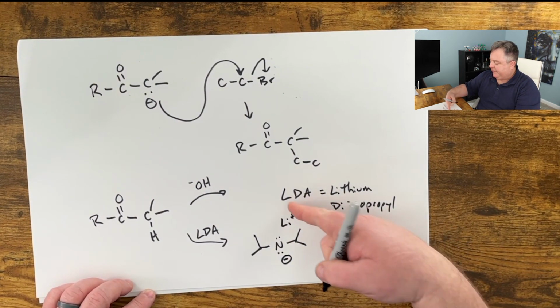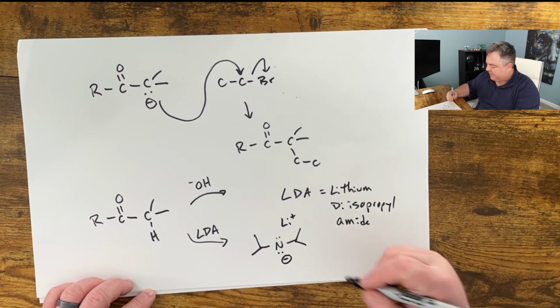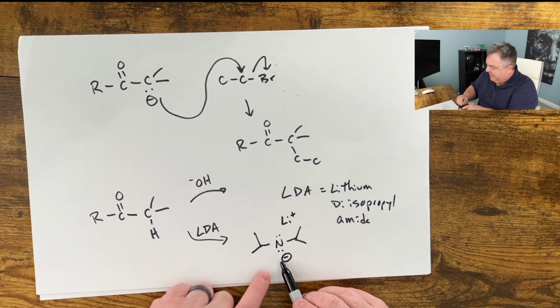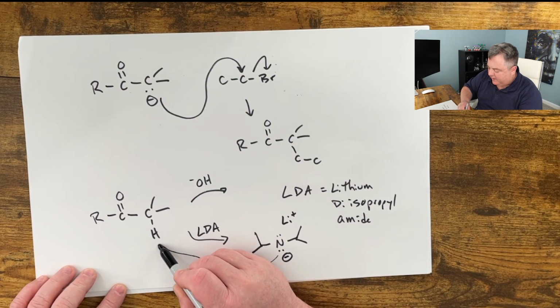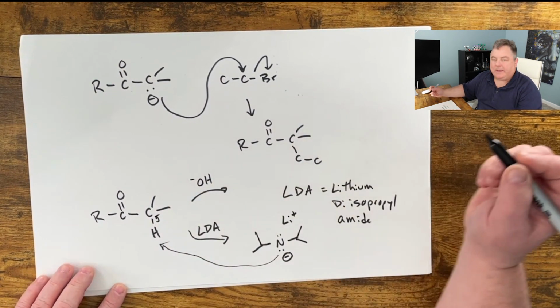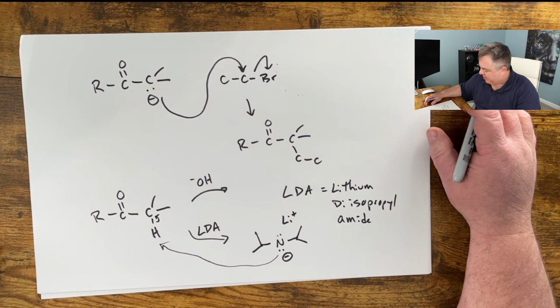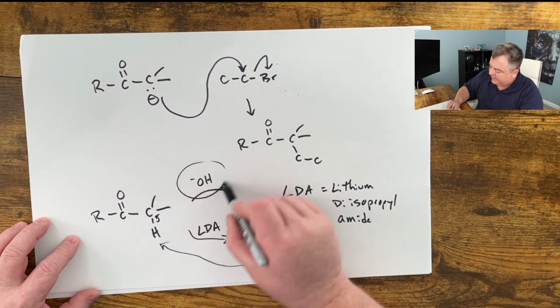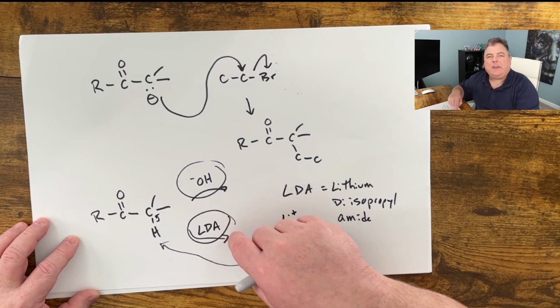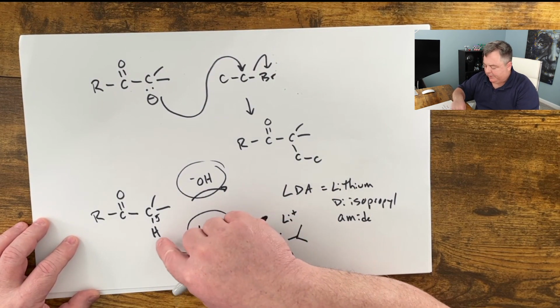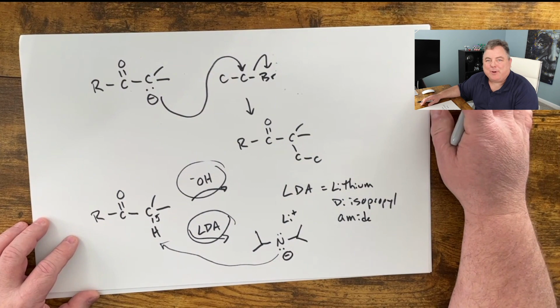There's a positive lithium, a counter ion. And that negative nitrogen with these big bulky groups on it, it's a big bulky base, and I can deprotonate my alpha carbon. So hydroxide is very common, and LDA, you should just learn that's a big bulky negative base, which helps deprotonate these alpha carbons.